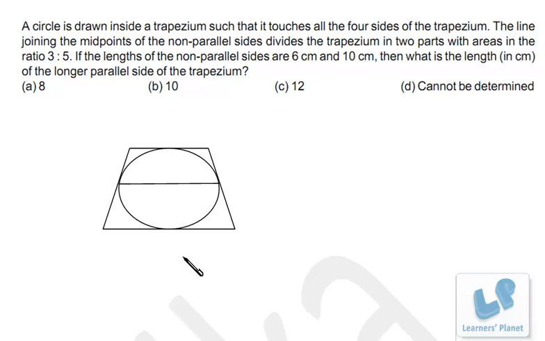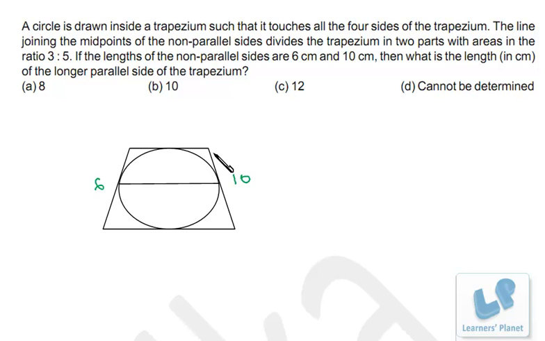Now the lengths of the non-parallel sides are 6 and 10. That means maybe this is 6 and this is 10, right? Now this problem will take just 30 to 40 seconds to solve if you are conceptually clear about the properties of trapezium, right?